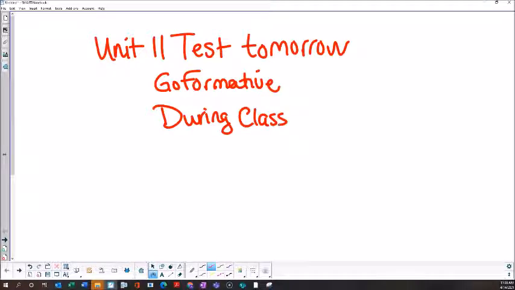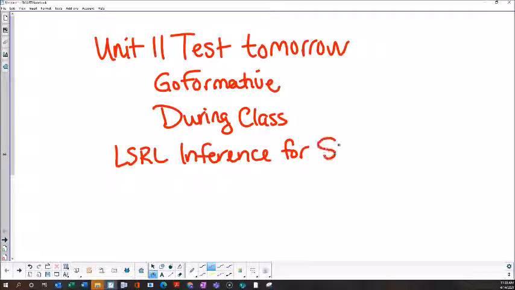Okay, and remember the unit 11 covers half of it is least squares regression inference, so LSRL inference. And then the other half is which inference procedure.